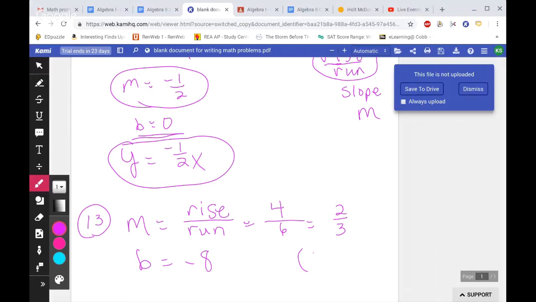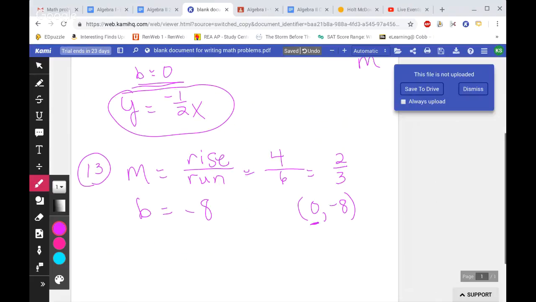But please notice they labeled the point 0, -8. So the x coordinate of the y-intercept is always, always, always 0. That's what makes it the y-intercept. So when you have a y-intercept, you'll have 0 and a coordinate.